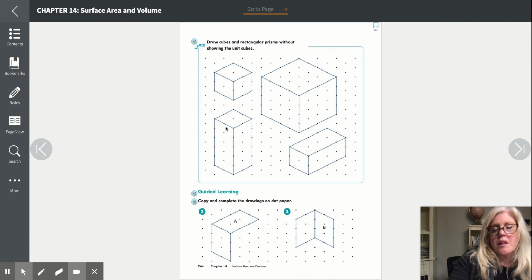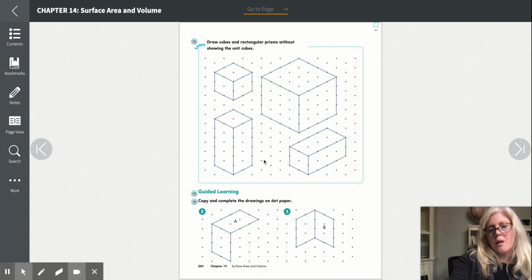This one here is a rectangular prism that is 2 across and then 1, 2, 3, 4, 5 units on this side. So 5 units on this side, 2 units across, 5 units up, 2 units across. You can see that this shape has a square on 2 ends, and then it's got 4 faces that are rectangles. And the same with this one. It's got 4 faces that are rectangles and 2 faces that are squares.